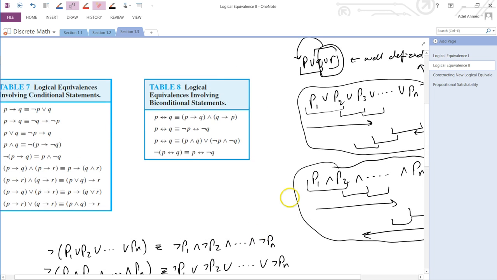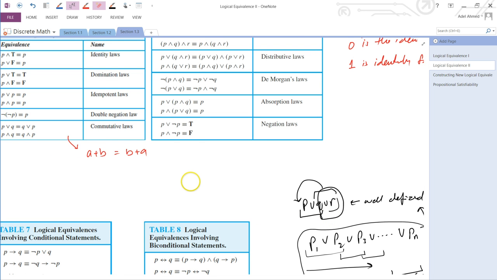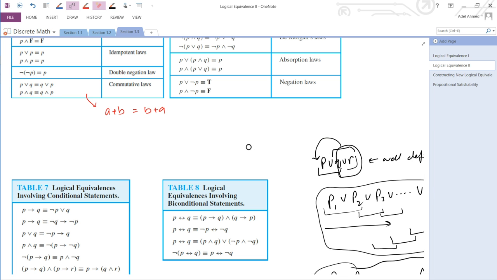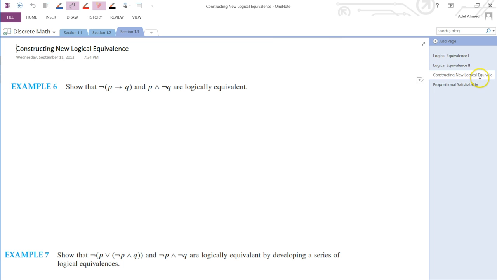So let me scroll back to the formula sheet, or the formula bag, that I've discussed earlier. We're going to use the formulas given in Table 6, Table 7, and Table 8, and see how we can construct new logical equivalences using previous ones.